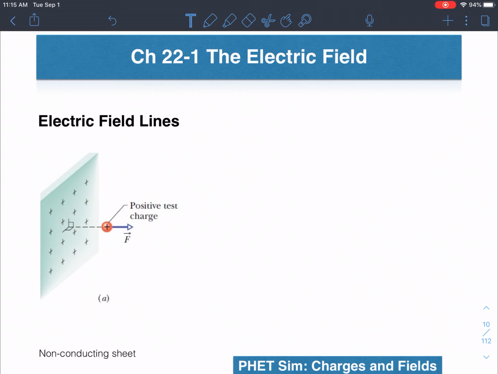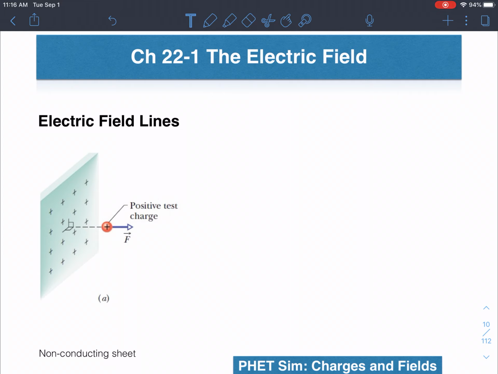So this is where we left last time, and we're still discussing the electric field. On the figure on the left side, there's a non-conducting sheet, so it's like an insulator, and you can see that it's positively charged. And what we're doing is putting a positive test charge. That red positive charge is the positive red test charge.